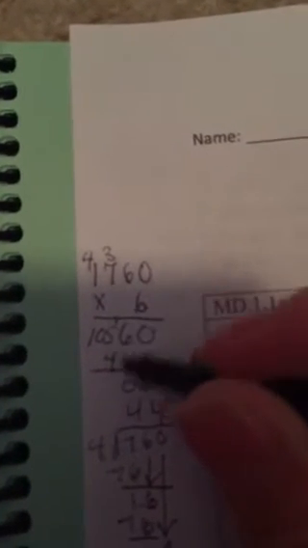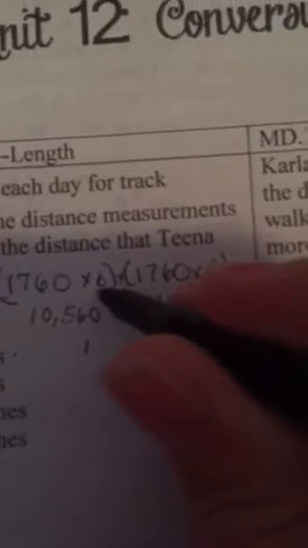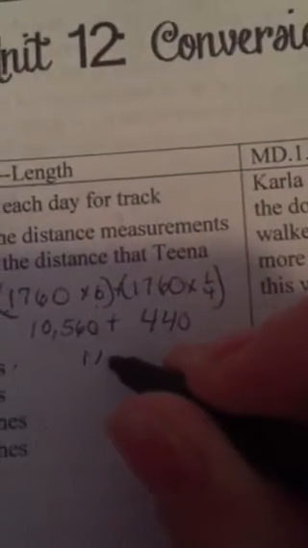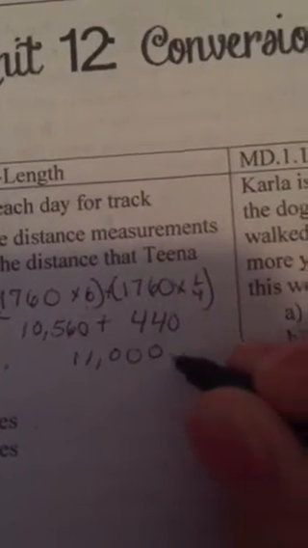Carry my 1. 1 plus 4 is 5, plus 5 more is 10. So drop my 0, regroup my 1. 1 plus 0 is 1, and then drop down that last 1. So I get 11,000 yards when I add up these two partial products for my 6 miles and my 1/4 miles. So there is my first unit, and I'm going to go over here.